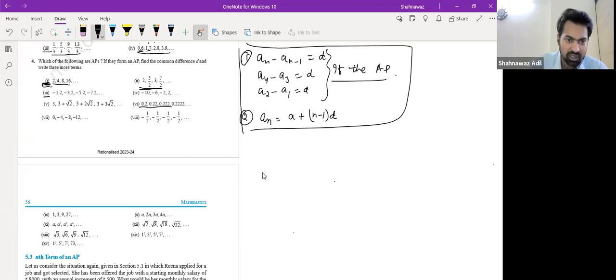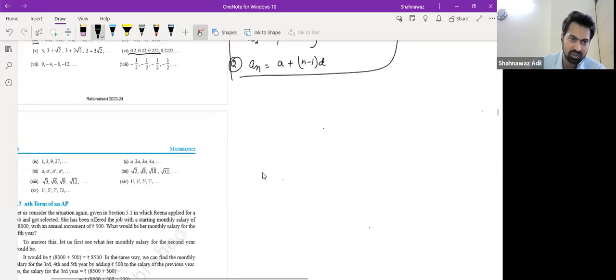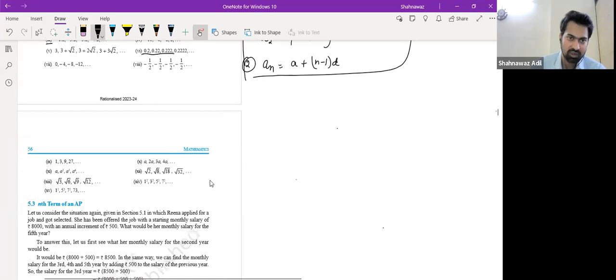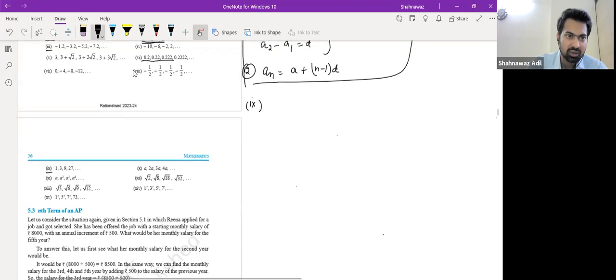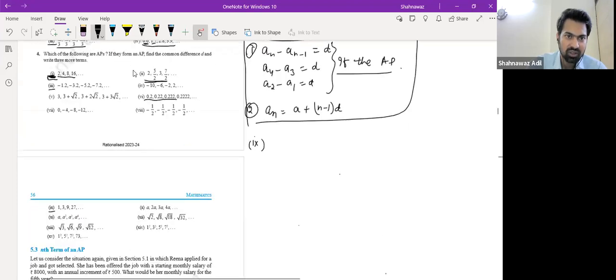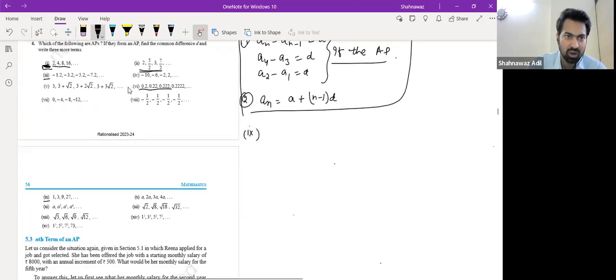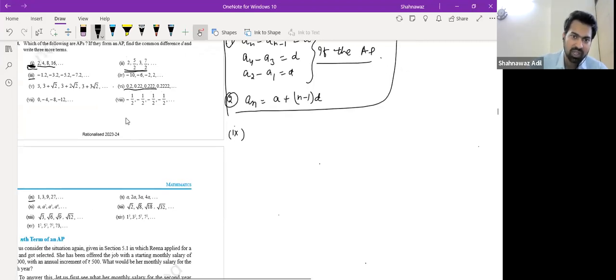So let's say that I solve this 9th question, because all the questions are the same. In all these questions we have to prove that this is an AP, find the common difference, and then find the 3 more terms. Yeah, so what is A, Talha here?